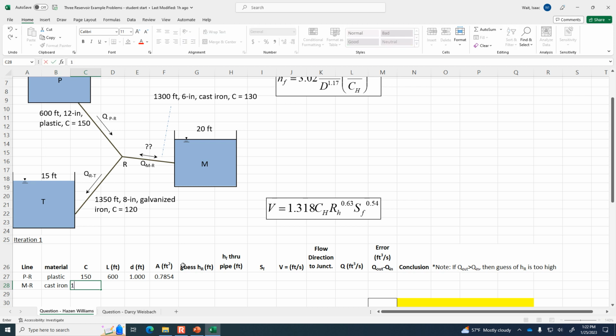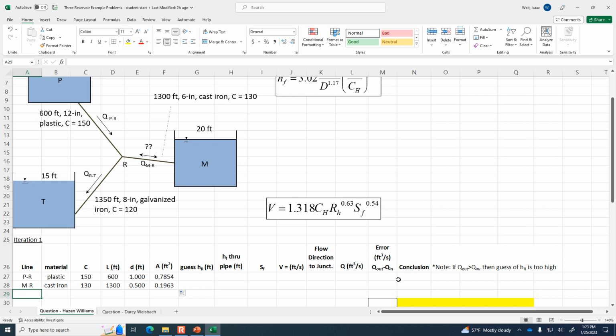The C value is 130. The length of this pipe MR is 1,300 feet. Its diameter is 6 inches, so equals 6 divided by 12. That's half a foot diameter. And I can just drag the formula down for the area. I don't have to type that in again. I just click and drag, and it calculates the cross-sectional area for me.